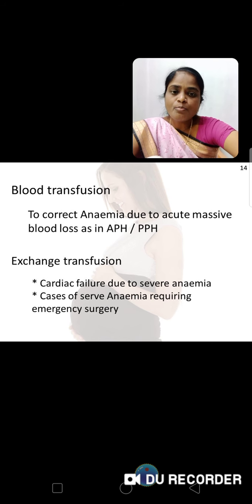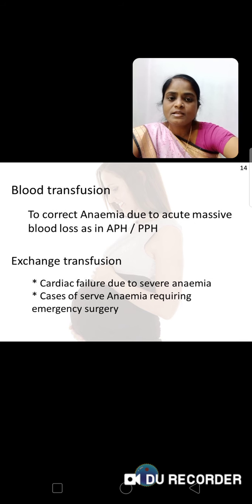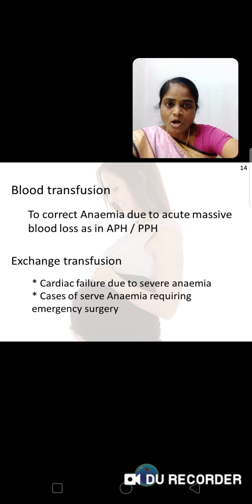It's a very important condition, a common condition also, anemia in pregnancy. So 40 to 80% of pregnant women have a chance of getting anemia, both physiological anemia and pathological anemia. Whatever it may be, we are the nurses, our part is inspection, through the inspection, the early identification of the anemia.